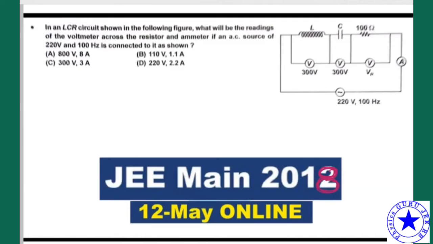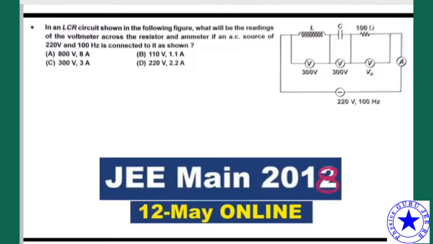In the LCR circuit shown in the figure, what will be the reading of the voltmeter across the resistor and the ammeter if an AC source of 220 volts and 100 hertz is connected as shown? In the diagram, 300 volts is across the inductor and 300 across the capacitor, and we need VR.